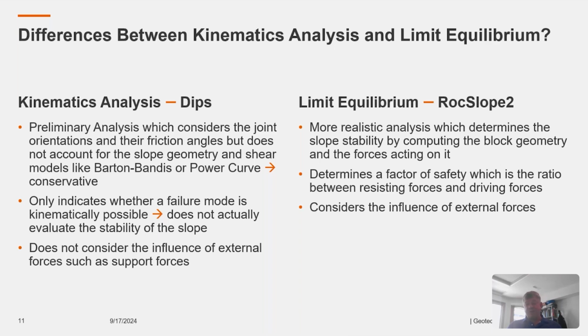And of course, it can't handle support. It can't handle external forces. It can't handle pore pressures. And all these are extremely important mechanisms in the stability of the slope. While RocSlope2 obviously will provide much more realistic analysis. It'll create blocks for you. You can see the blocks. You'll see that in the future here. You'll be able to calculate factors of safety, probabilities of failure, all the things that you're used to doing.